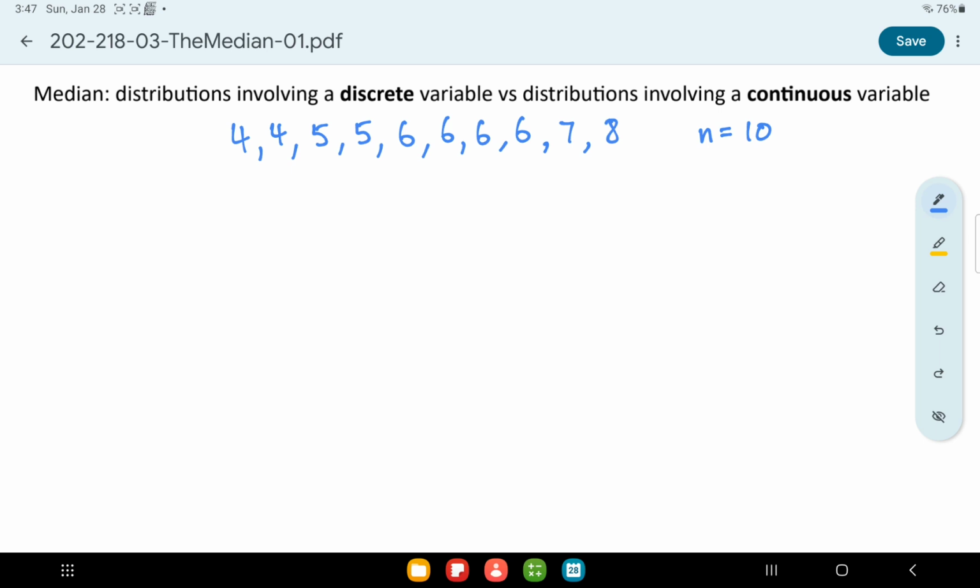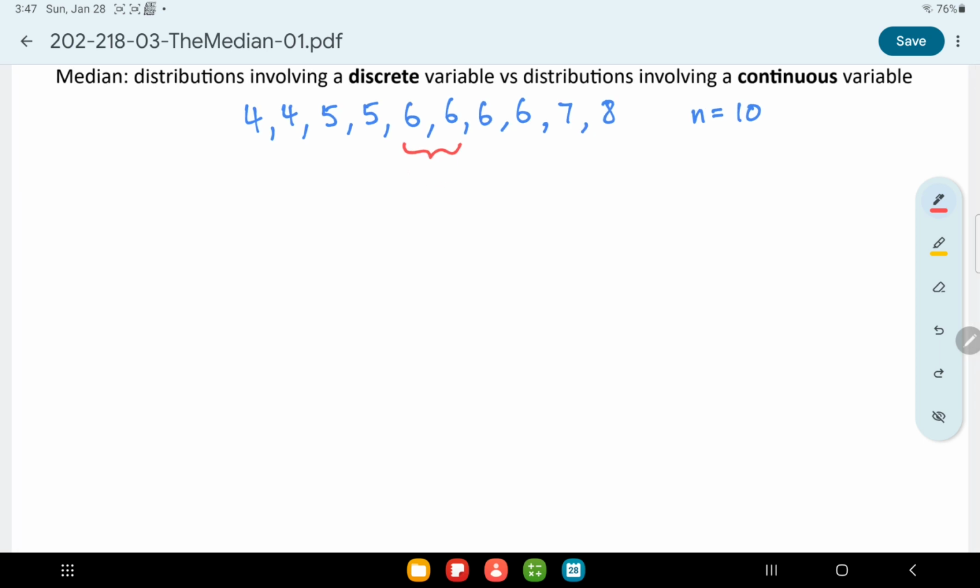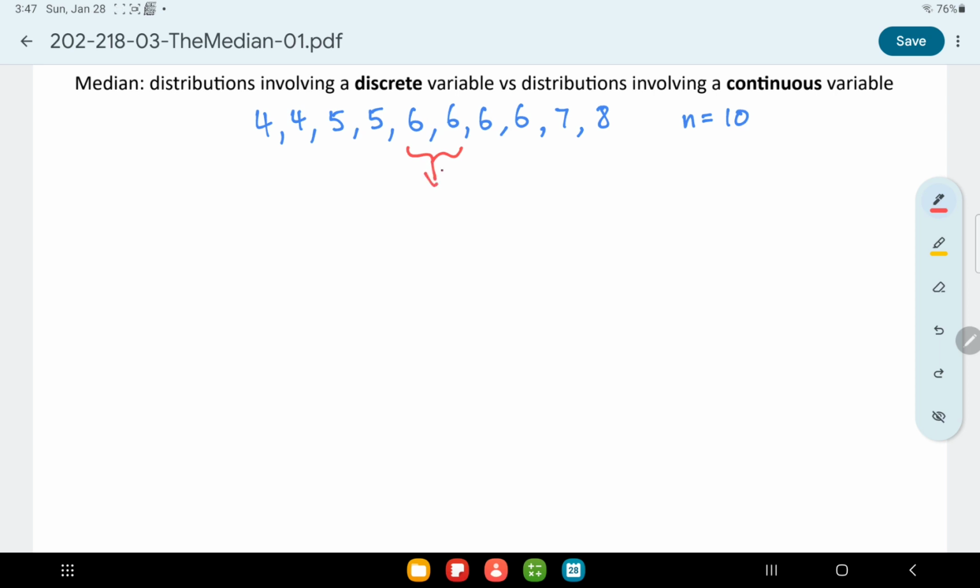Because we've already lined the numbers up, and we know that this distribution involves an even number of numbers, N is an even number, what exactly do we do? We will identify the two middle numbers. And if you recall the procedure, we are to take the average of the two middle numbers and divide by 2.